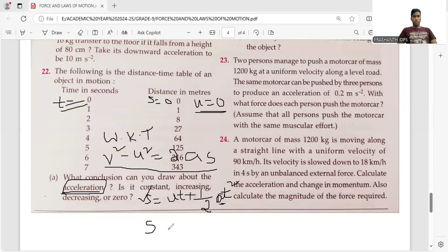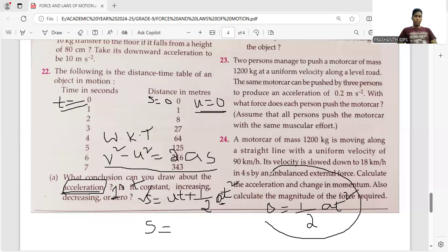Let us consider the distance s initially. At the first point, distance is zero, so s is equal to zero, and u is also zero. So the whole value will become zero, and finally it remains as half at square.